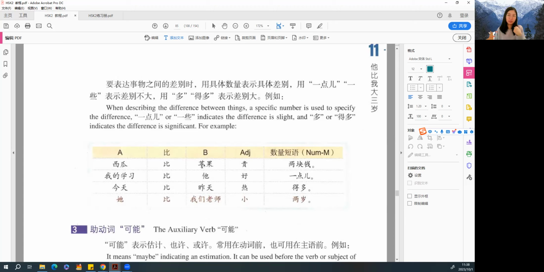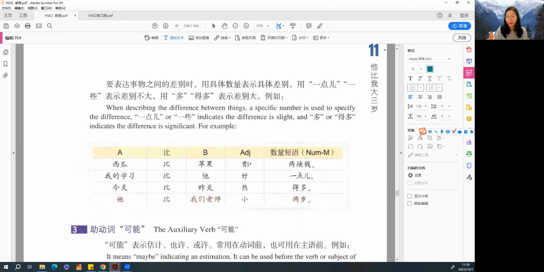It means probably just 1 or 2 yuan more expensive. 得多 is probably like 100 rands more expensive. So we are going to take a look at what's the usage of 一点, 一些 and 多, 得多。西瓜比苹果贵2块钱。That's very detailed, saying that.